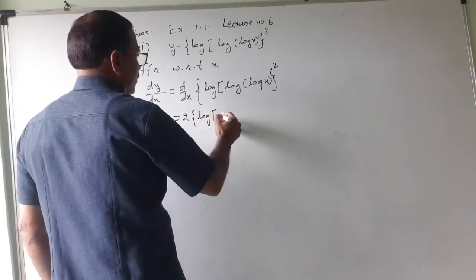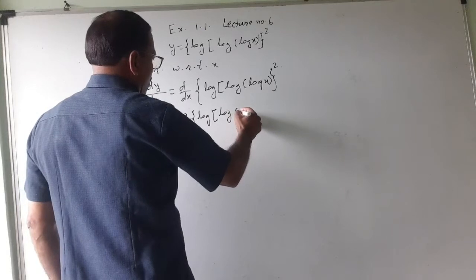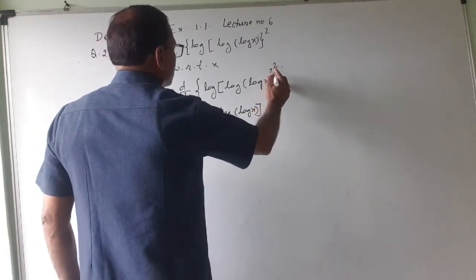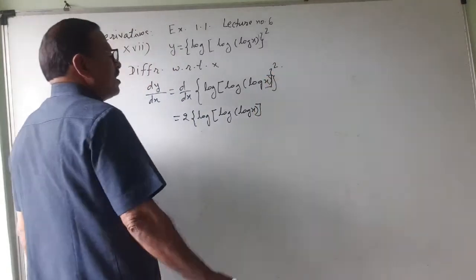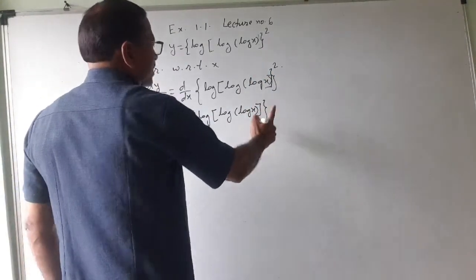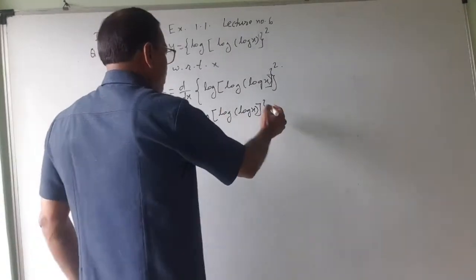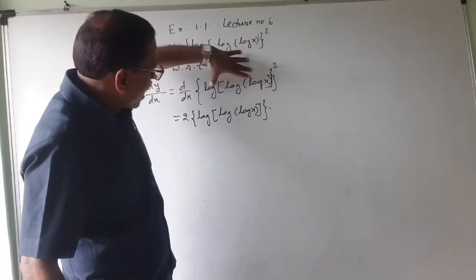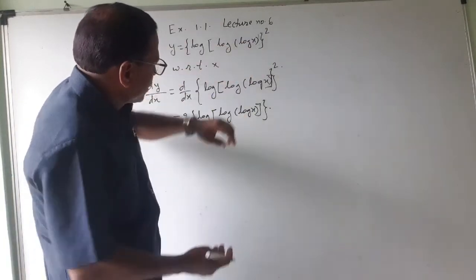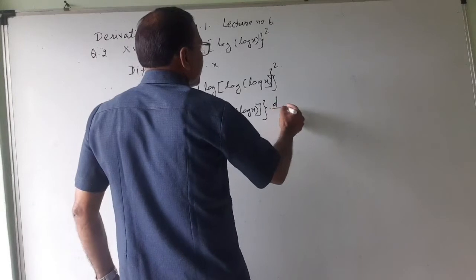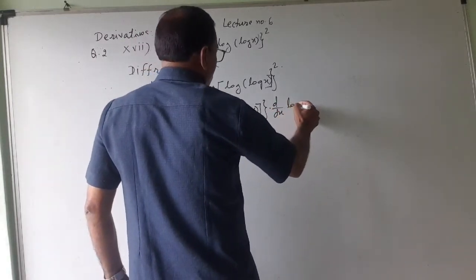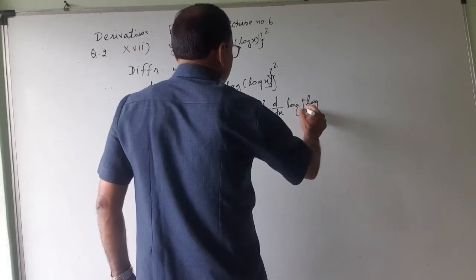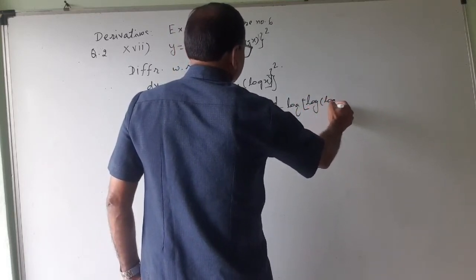N is 2 here, so this 2 is taken, and this log of log x, this way raised to 2 minus 1. 2 minus 1 is 1, so I am not writing it. Now of the power I have taken, now I have to take the derivative of this part, into d by dx of log of log x.